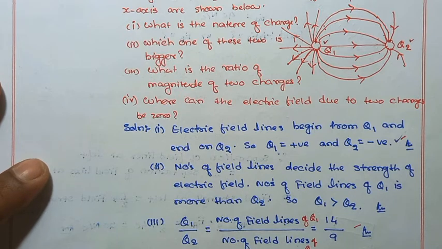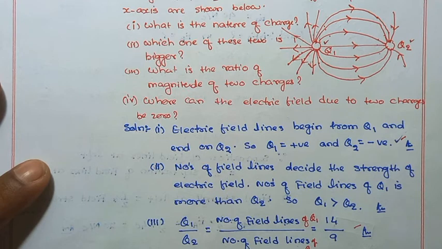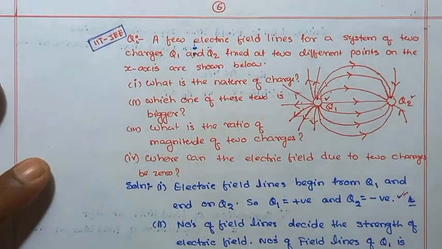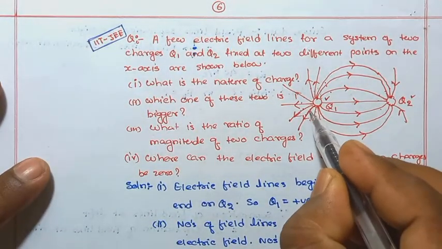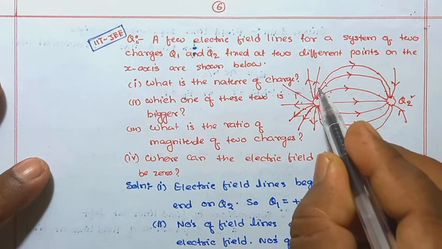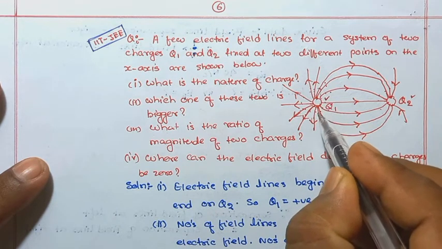Now, we will calculate the ratio of the magnitude of the two charges. So, Q1 by Q2 is equal to the number of field lines of Q1 divided by the number of field lines of Q2. So the number of field lines of Q1 is 14. See, 1, 2, 3, 4, 5, 6, 7, 8, 9, 10, 11, 12, 13, 14.